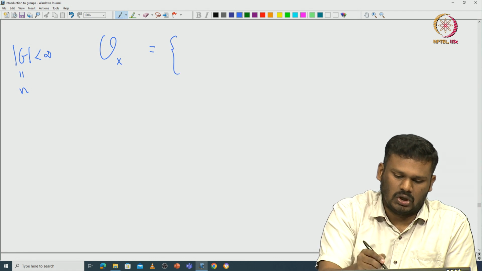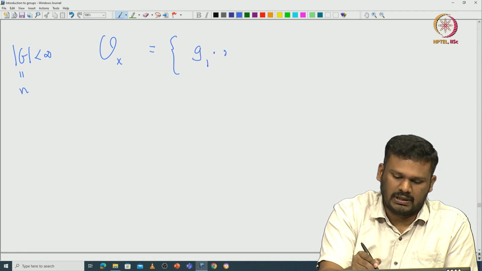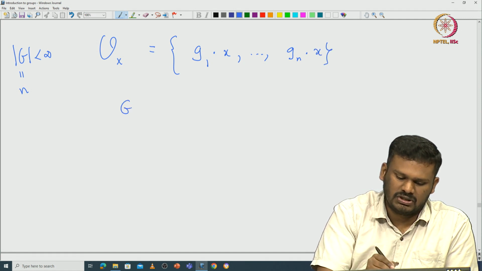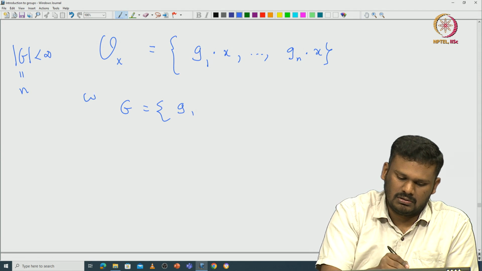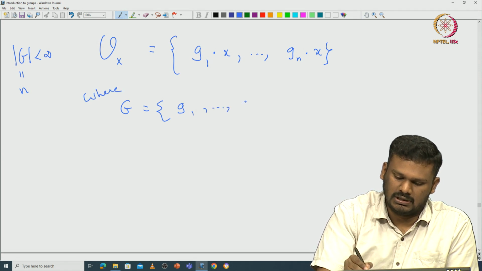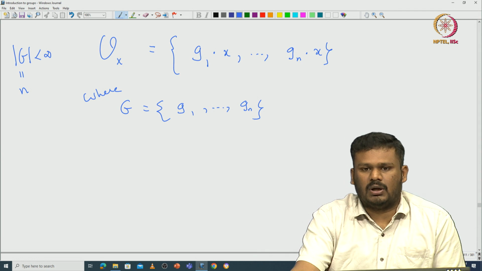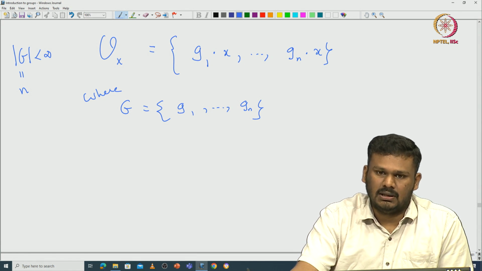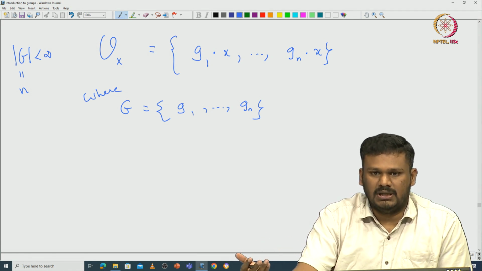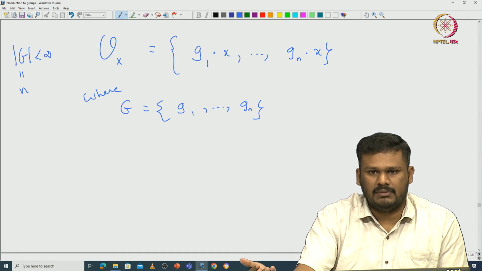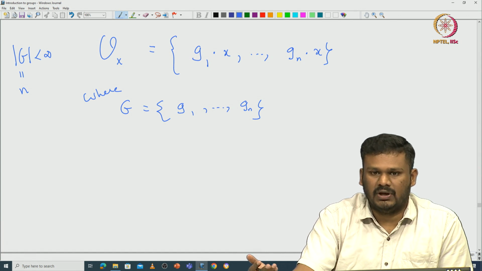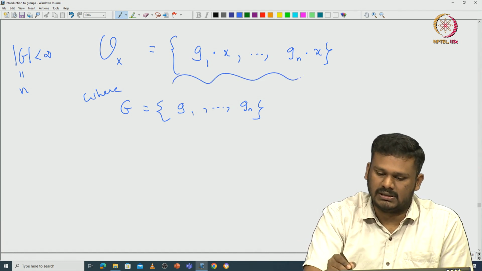Then definitely the orbit of x can be written as g1 dot x, etc., gn dot x, where G is listed as g1, etc., gn. But obviously this will be over counting, because for some gi's the images can be equal. For example, some g dot x can be equal to g dash dot x. In that case we are indeed over counting this set.